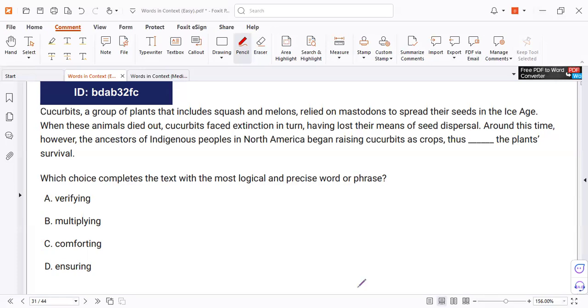Letter A, no. I told you any word has very or ver, it means it's checking facts. And who did this action? We have comment. Remember the present participle phrase? Yes. The subject of the previous sentence did this action. So ancestors did what to the plant's survival?